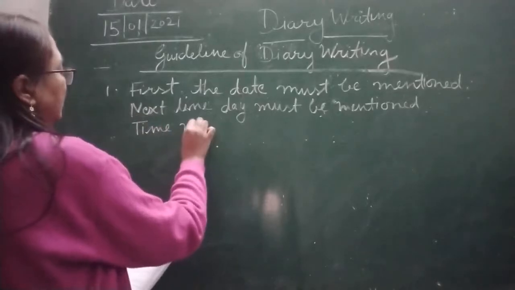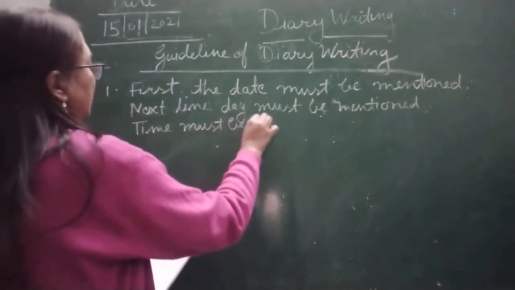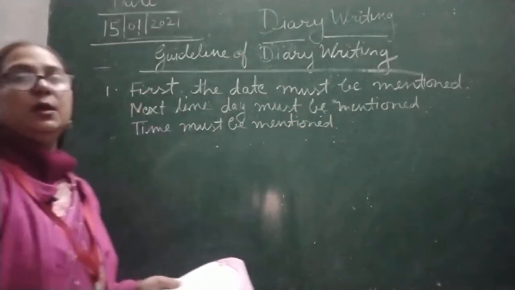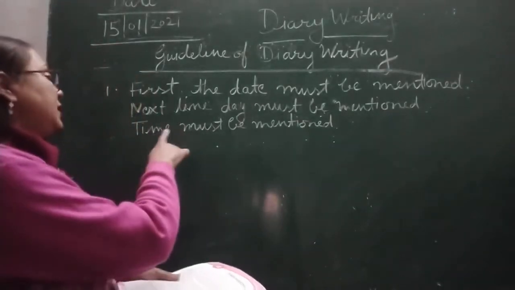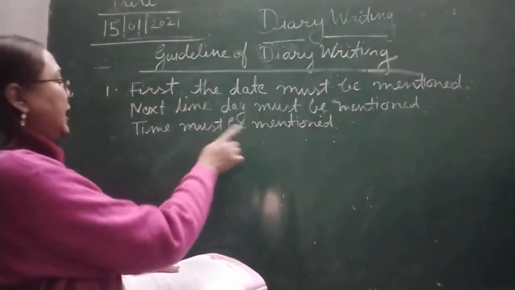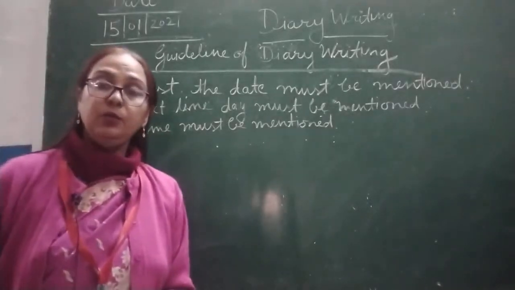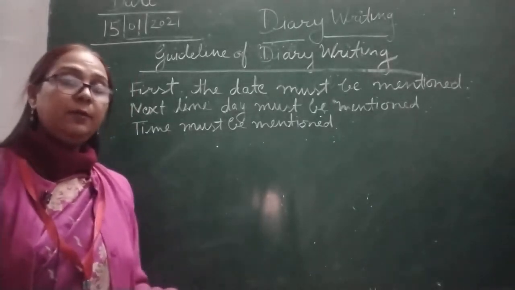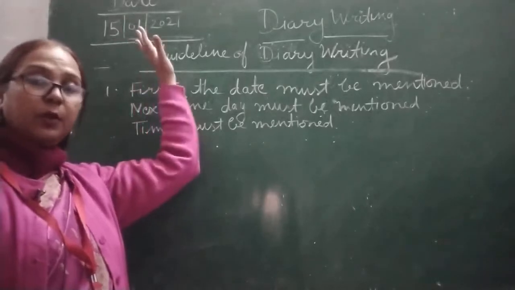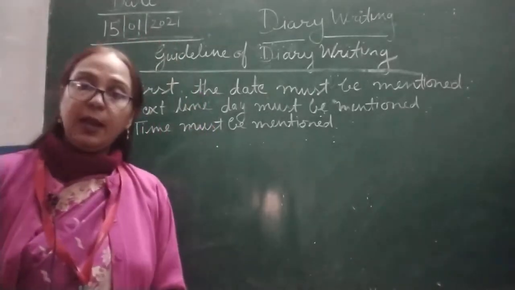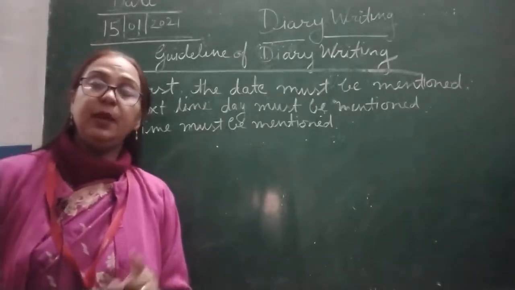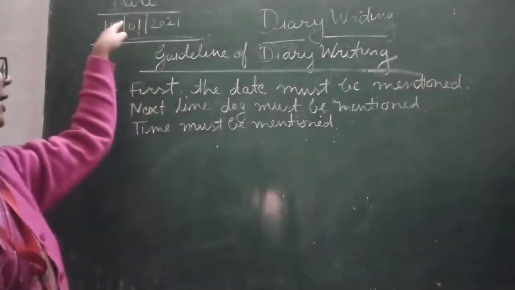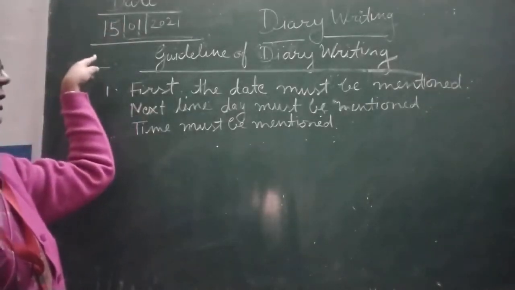It means first we will write date, second we will write day, and the third line we used to write time. These three important things we will write at the top left corner in any diary entry. So children, always remember, whenever we are writing a diary, first of all the date, and then in the next line the day should be mentioned.